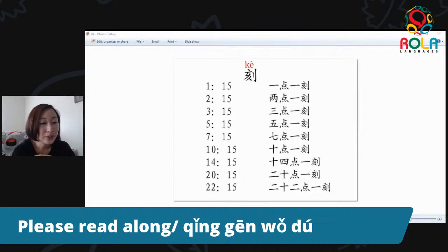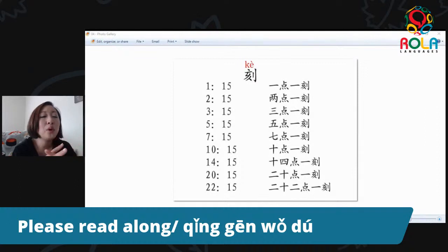A quarter past 3, 3点1刻. A quarter past 5, 5点1刻. A quarter past 7, 7点1刻. A quarter past 10, 10点1刻. Okay, again, I'm going to cut off from here.